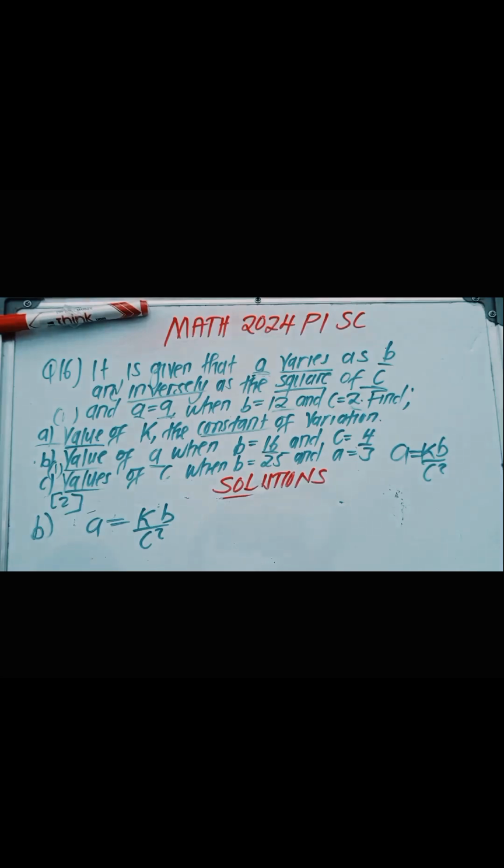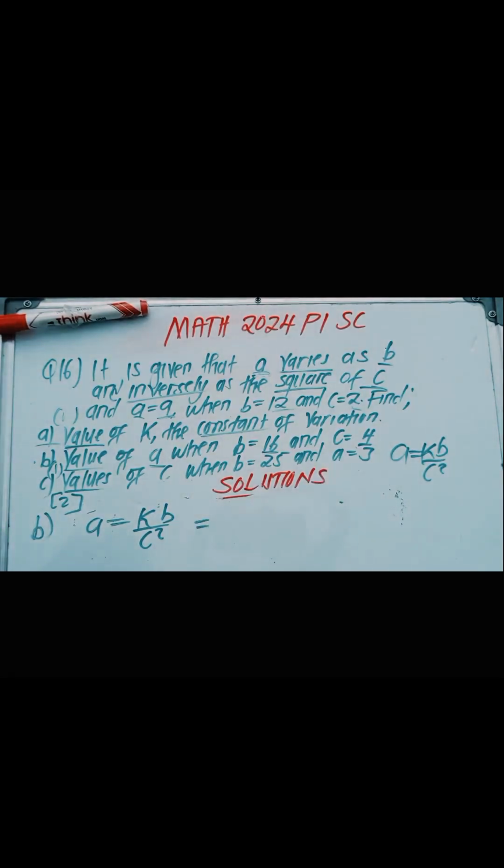And remember, it doesn't mean that since we have found the value of A in question B, then that is the one which we are going to use on question C. No. I've said that on each and every question, they give particular values. So in this case, we have been told to find the values of C when B is equal to 25. Here they said when B is equal to 16, but on this question it is different. When B is equal to 25, and then A is equal to 3.